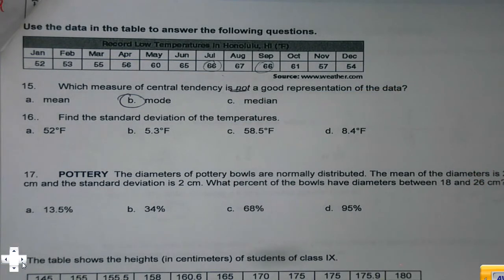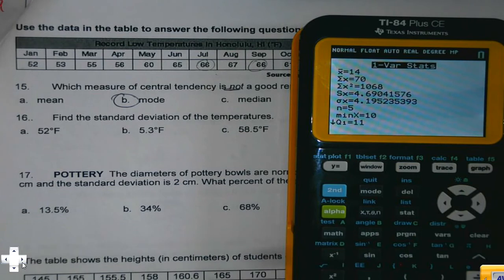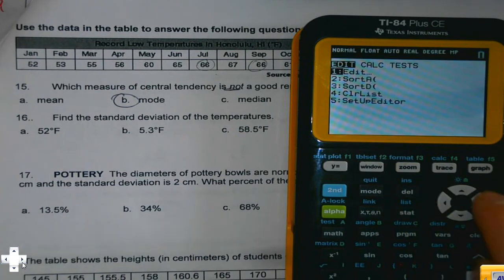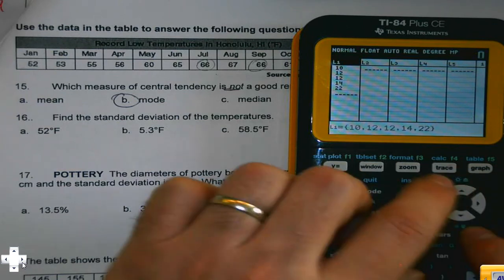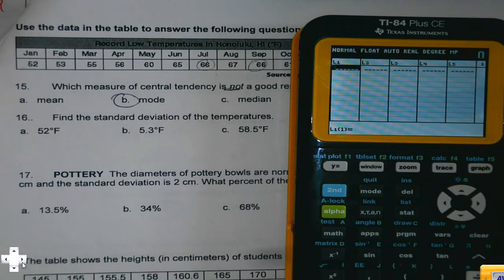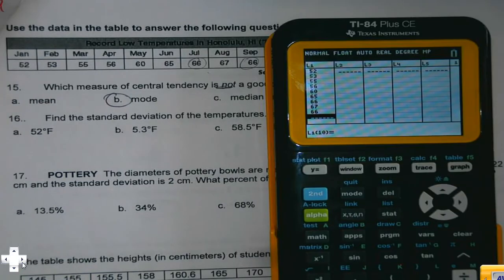Okay, standard deviation. Okay, this one's going to take a minute. So stat, edit, clear those out. 61, 57, 54.